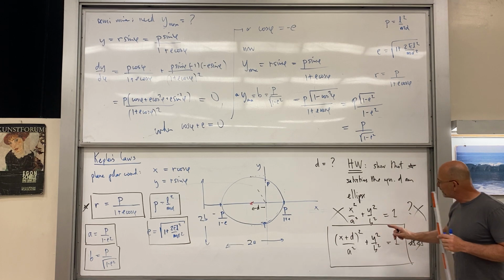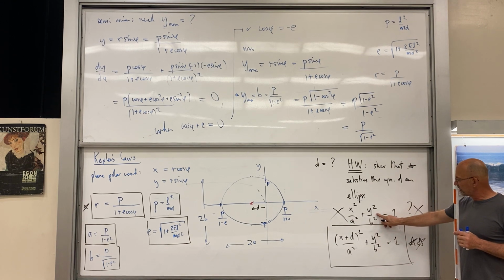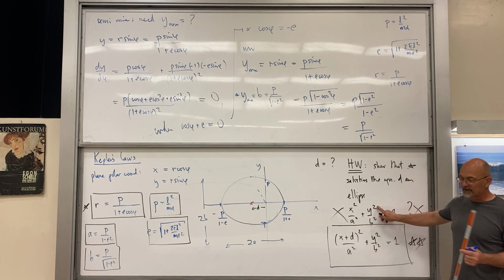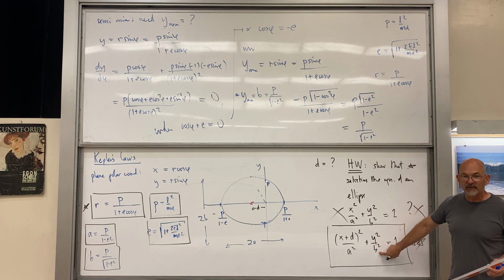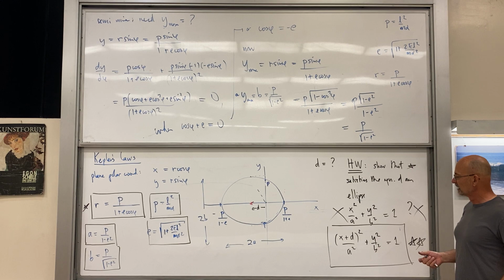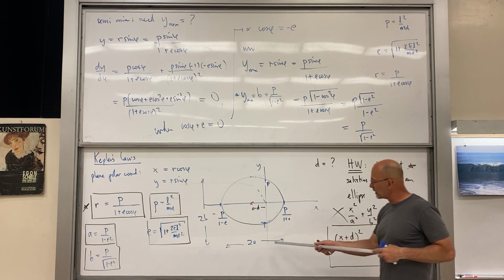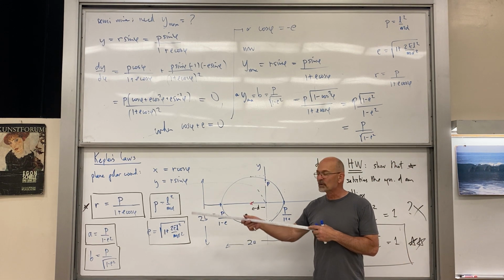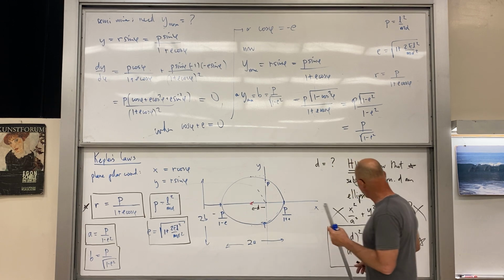I want to use this form because we're going to continue on with this form here, the basic form. We're going to continue on with this as we talk about the second and third law. Remember it was expressed in terms of semi-major axes and so forth. So we do actually have to have this form.